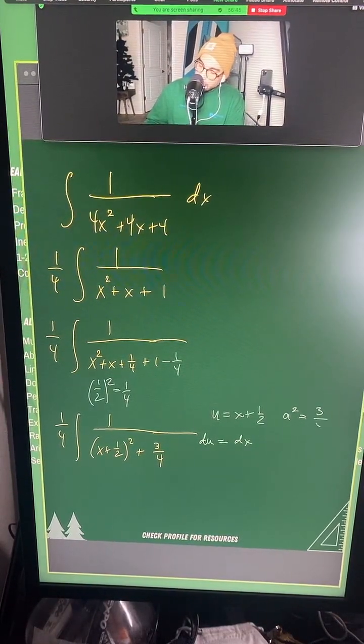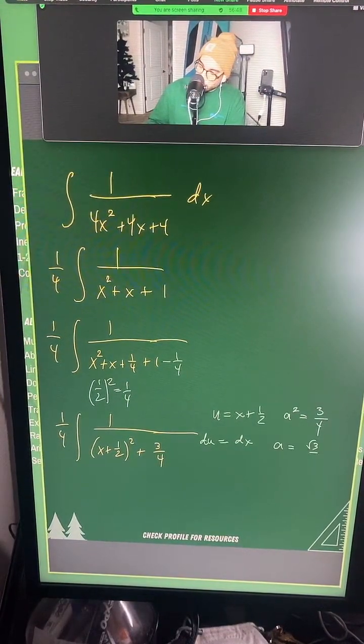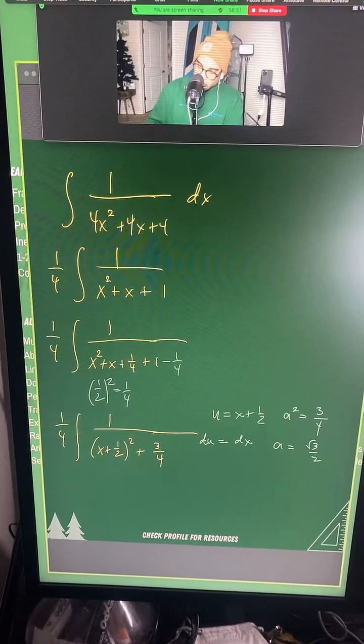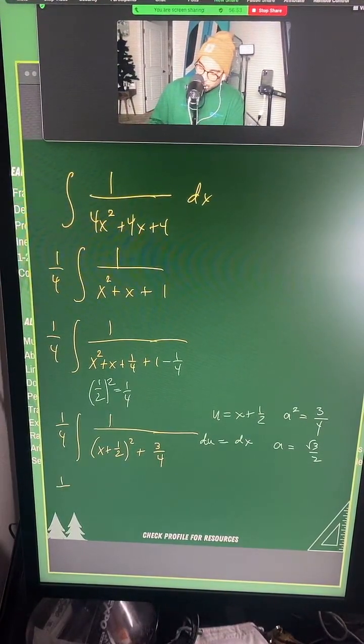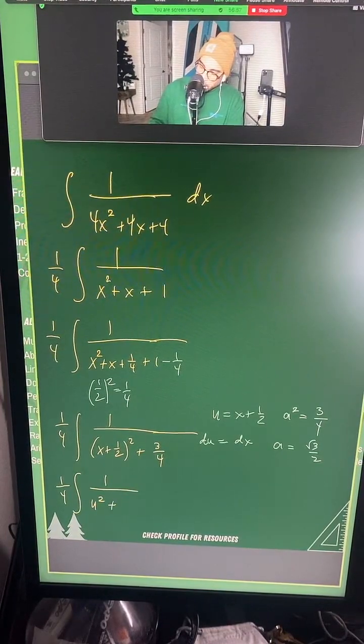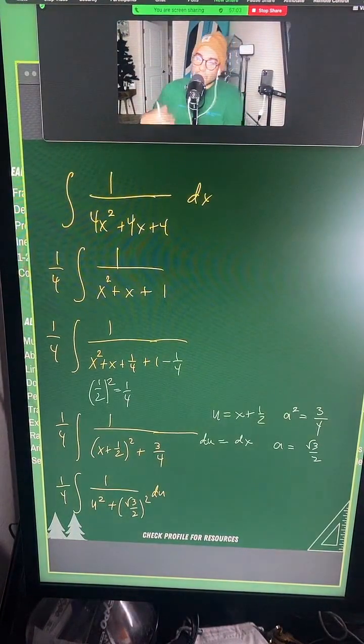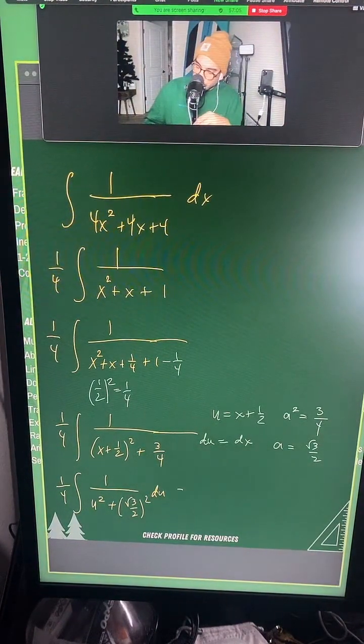So a squared is technically equal to 3 over 4, so a is equal to root 3 over 2. And so now my problem looks like this: 1/4 on the outside, 1 over u squared plus root 3 over 2 squared du. And that helps us rewrite the integral and understand that this is going to be an arctangent.